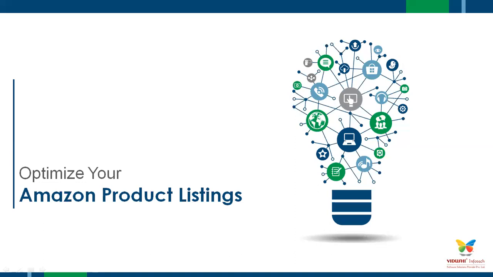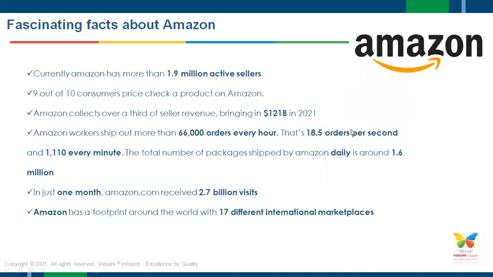So let's start with our webinar, Optimize Your Amazon Product Listings. Before we start, let's find out some fascinating facts about Amazon. Currently, Amazon has more than 1.9 million active sellers.